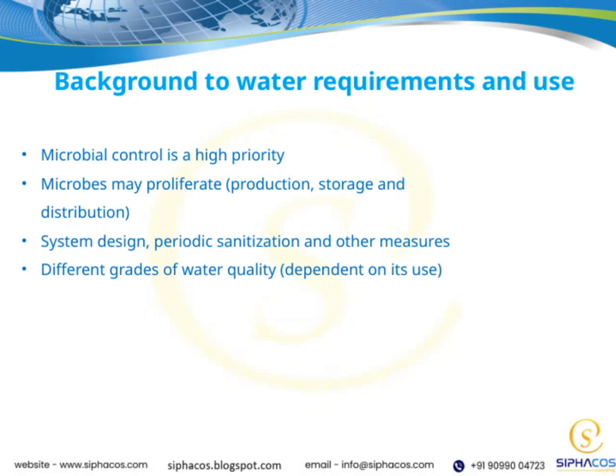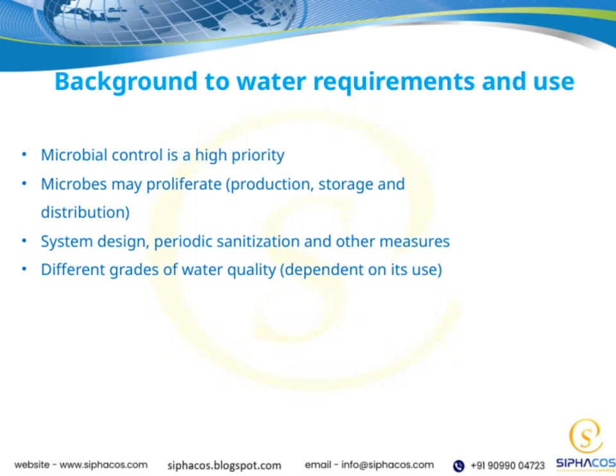Microbial control is a high priority in our processes because microbes can easily proliferate during production, storage, and distribution. It's crucial to implement effective system design, carry out regular sanitization, and adopt other preventative measures to keep microbial growth in check. We also need to recognize that there are different grades of water quality, which depend on how the water is going to be used.